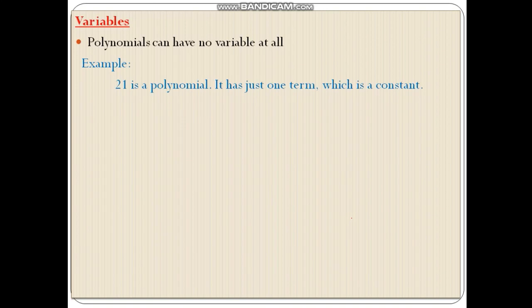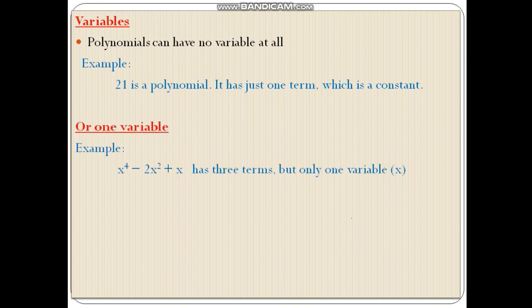So next is, what is a variable? A polynomial can have no variable at all. Example: 21 is a polynomial. It has just one term, which is a constant. Or one variable: an example is x raised to the power 4 minus 2x square plus x, which has 3 terms but only one variable, x.